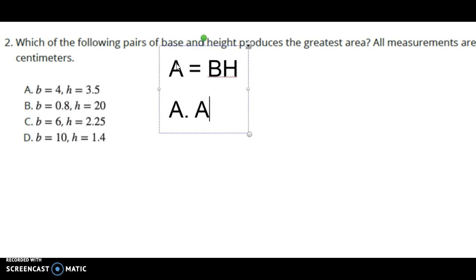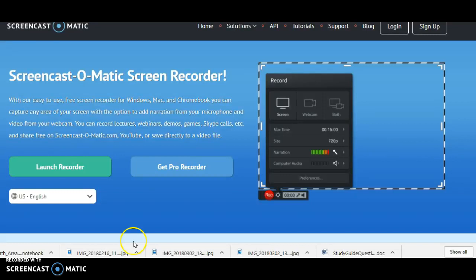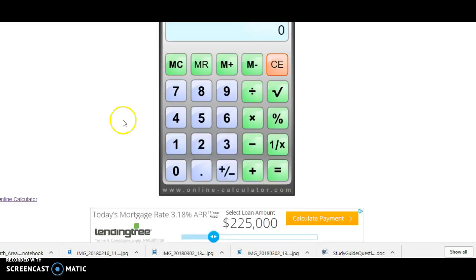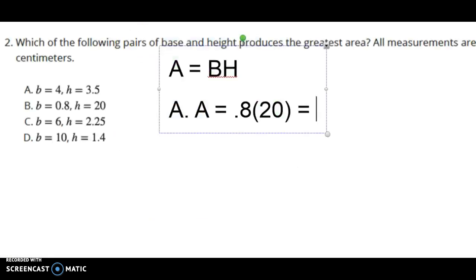So for A, I know that area equals 0.8 times 20. So I'm going to plug that into my calculator. 0.8 times 20. And that's going to give me 16. So now I go back.